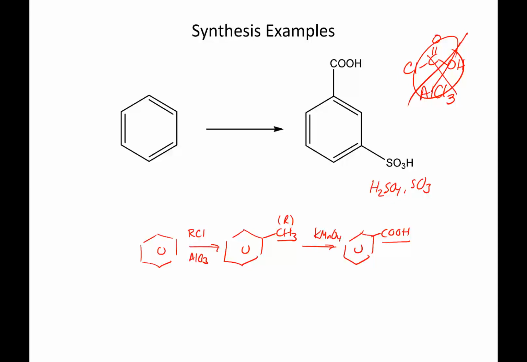So I might put this group on the ring, put the second group on the ring, and then convert it to a carboxylic acid. So that way you would get them in a kind of an unnatural position where you have meta directors, but they're ortho or para to each other because the group I put on first was an ortho-para director. So that's one. Good.